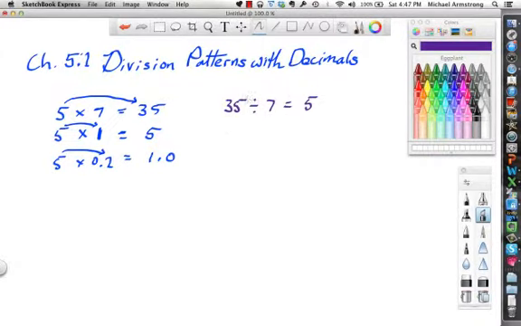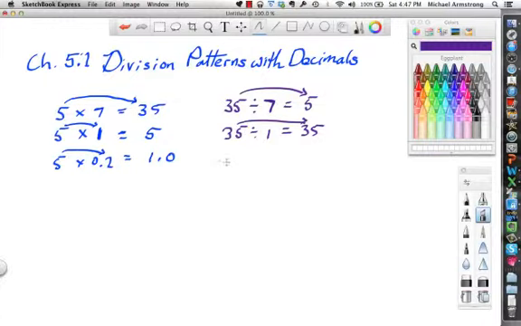When we divide by a number bigger than 1, 7 is bigger than 1, then our answer starts at 35 and it becomes 5. If we take that same number, 35, and we divide by 1, instead of getting smaller, it remains the same. Okay, see that? It's the same.